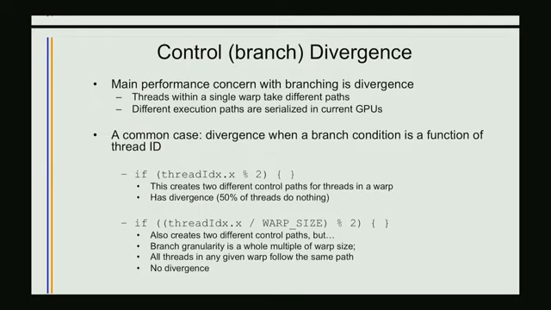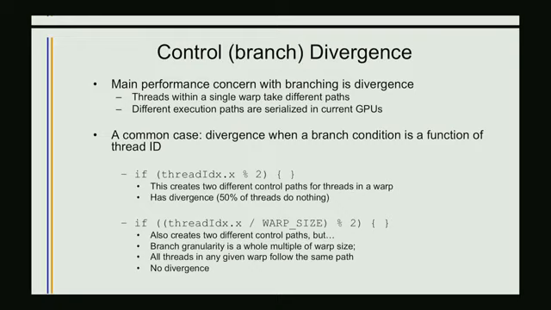If the threads within the warp execute the same instruction, some are going to sit idle while a bunch of threads do this, and then the others are going to sit idle while a bunch of threads do that. This whole idea is called control divergence, or sometimes branch divergence.